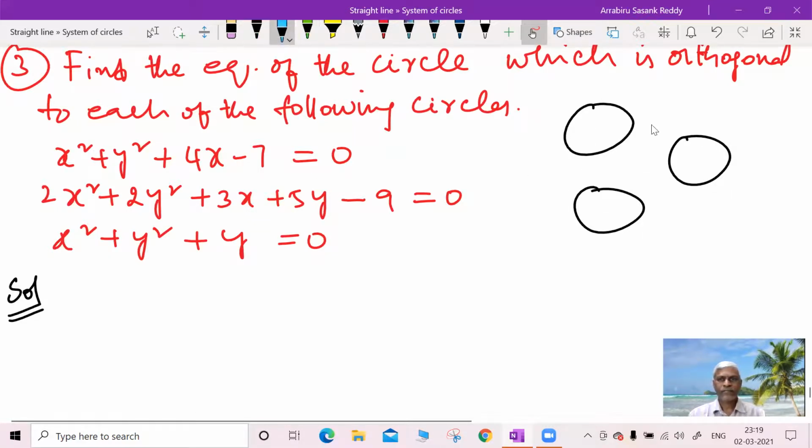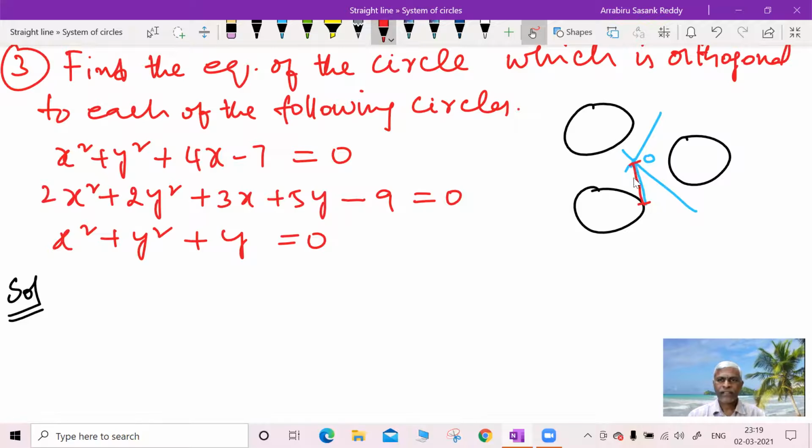So first finding the radical center and finding the length of the tangent as a radius, and then taking this as radius we can find the equation of the circle.